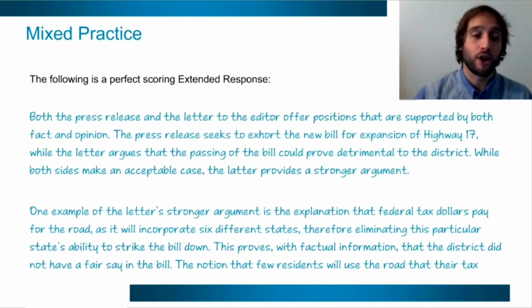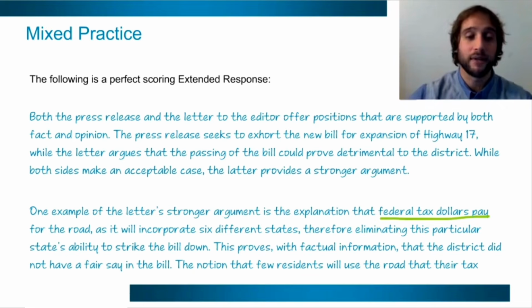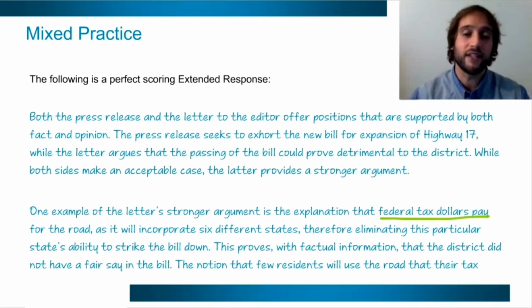body paragraphs already laid out, right? You want to have the topic sentences. Okay, so the first thing that they start out with here is the federal tax dollars, right? Maybe that was their bullet point number 1. That wouldn't be where I would necessarily begin. I think I would begin with probably not the study either, because that's a good transition point.